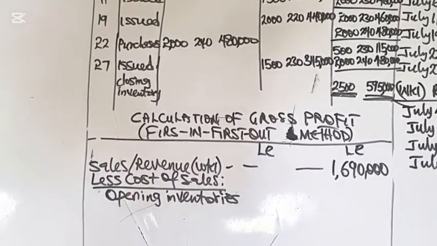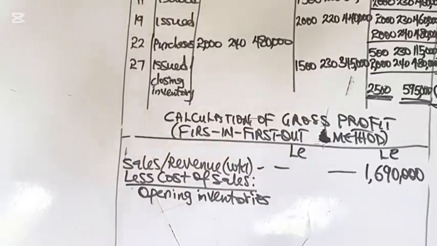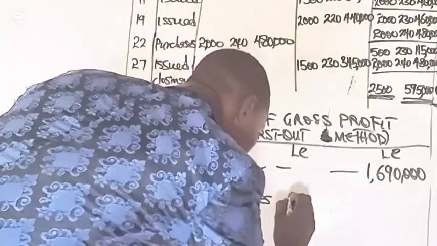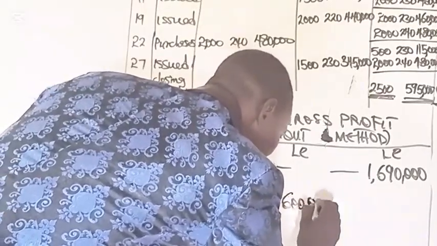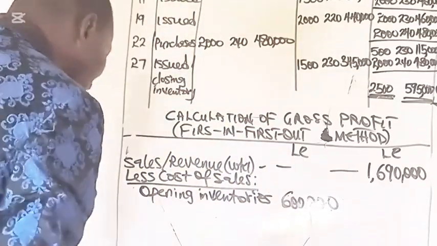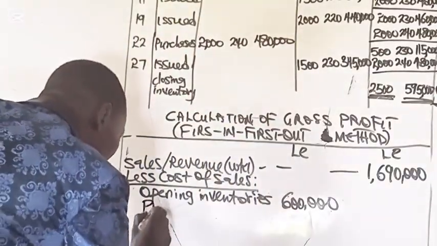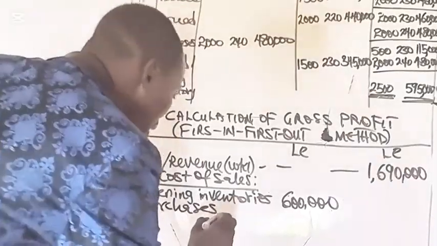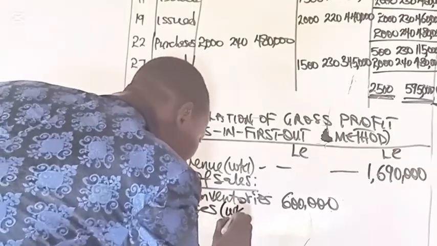That is what will be recorded as opening inventory for the period. The opening inventory amounted to 600,000 Leone. Then to this, we add purchases for the period. And how much are the purchases made in the period?